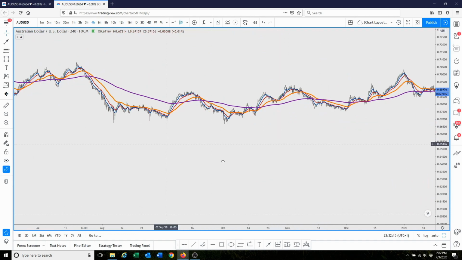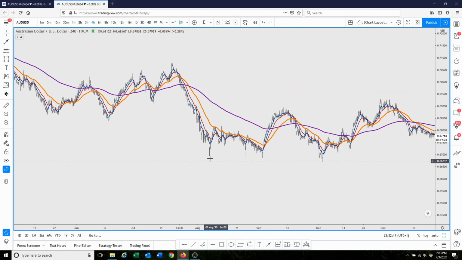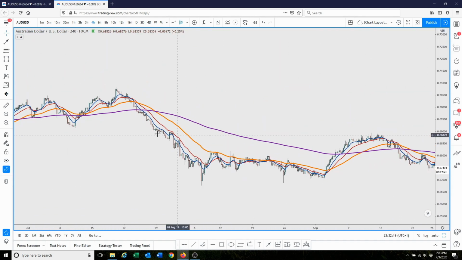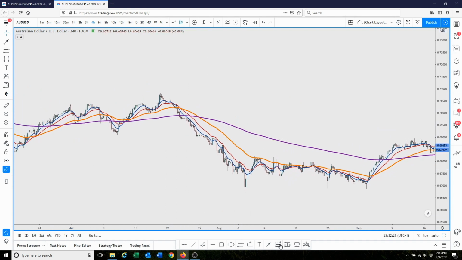Before the coronavirus took over, I did a video on getting in with a 20 pip stop loss. Back in the day, off of this bearish engulfing candle, we could have placed a 20 pip stop loss and we would have been safe.